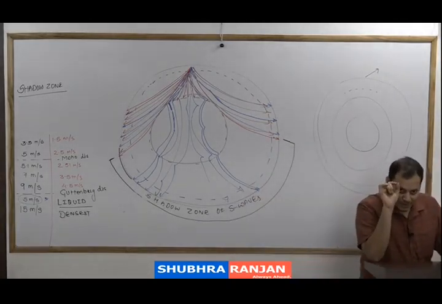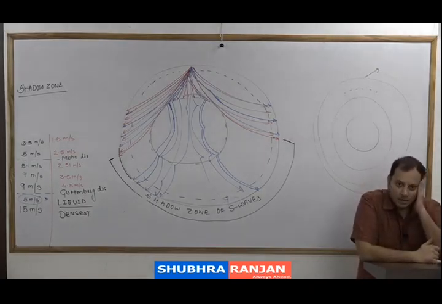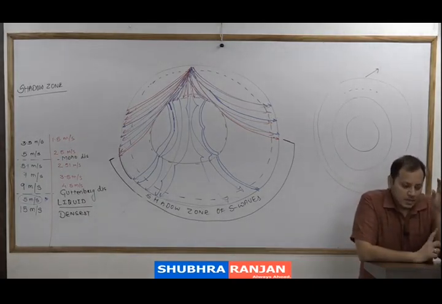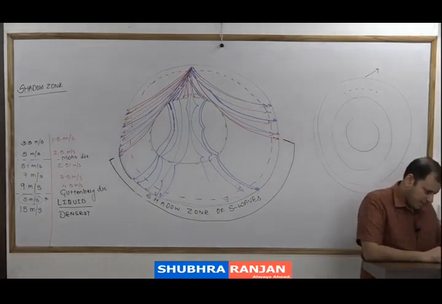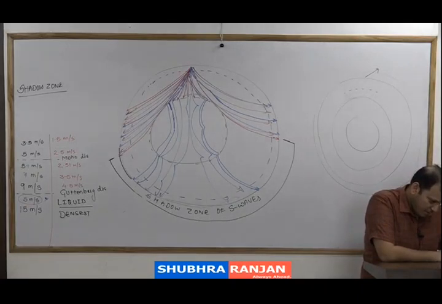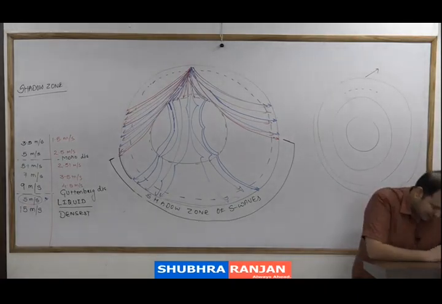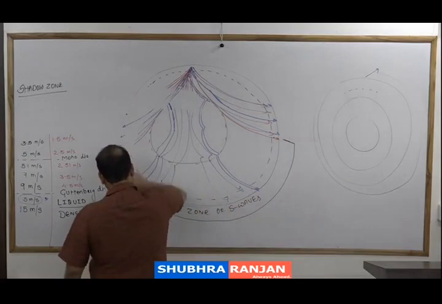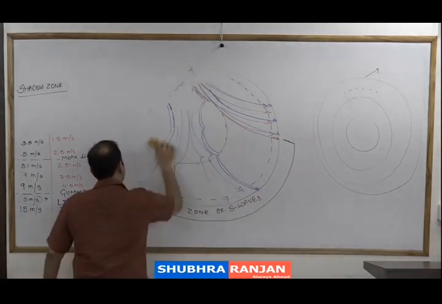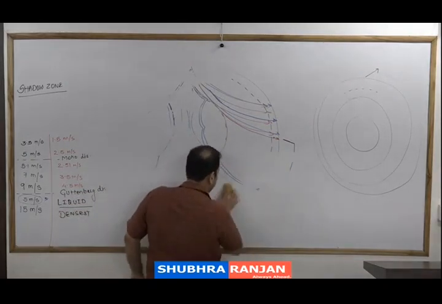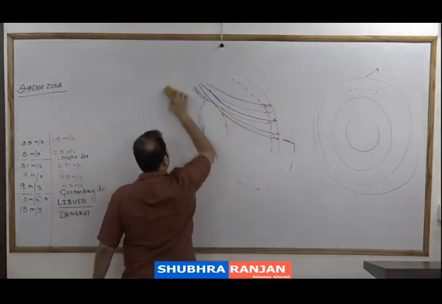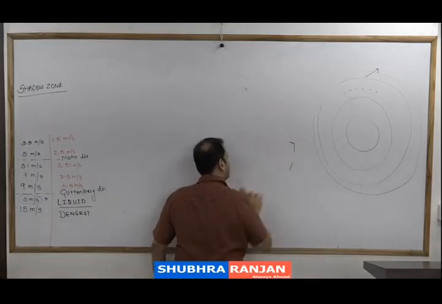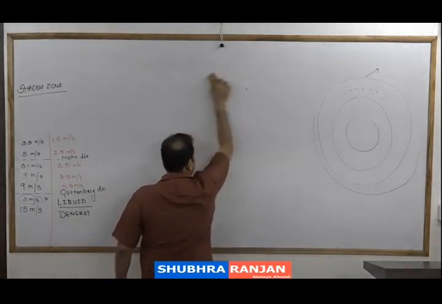So take down the next point. The property of S waves, that they cannot pass through liquid, helps us in understanding that the outer core is liquid in nature.